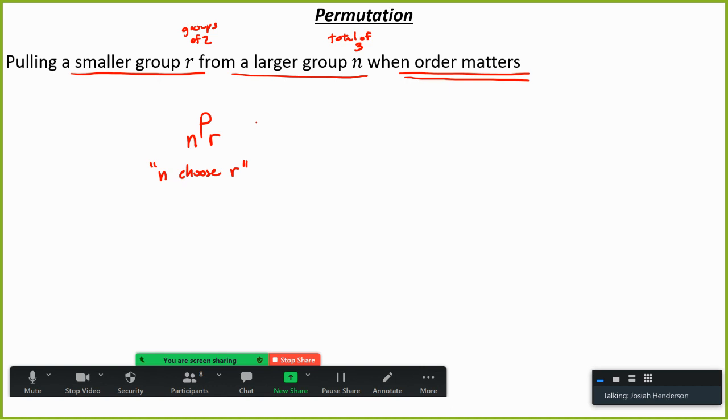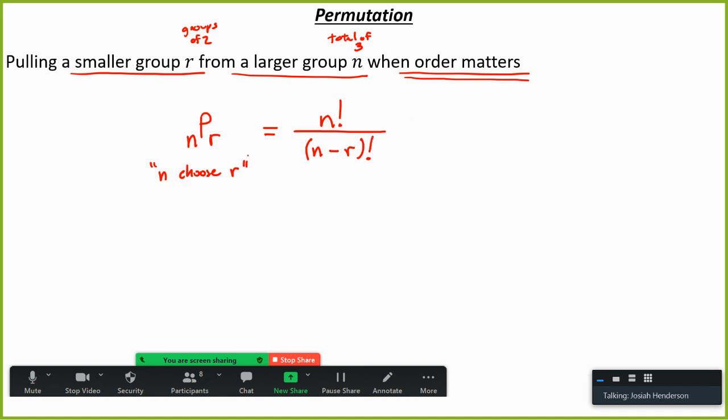Our large group is n, and we're choosing or picking smaller groups of r in the formula. N factorial, we're going to define this in just a second. That's the exclamation point. N factorial over n minus r factorial.